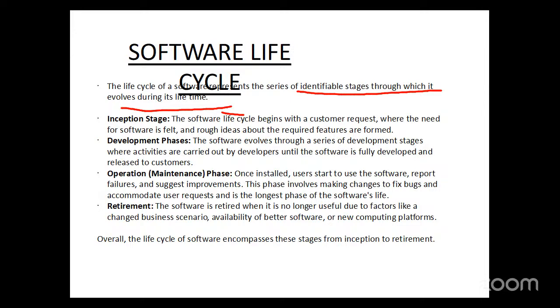If you are starting from the communication phase: communication phase, planning phase, design, coding, which is also under testing, and testing and deployment. If you are starting from the communication phase, you have to write like this. If you are starting from feasibility study, you have to write like that.